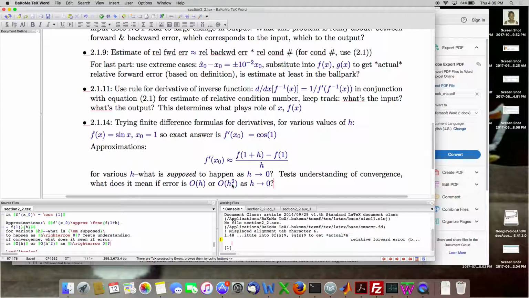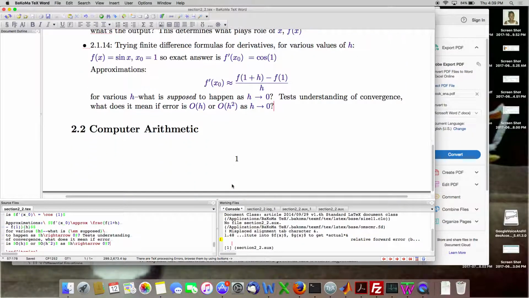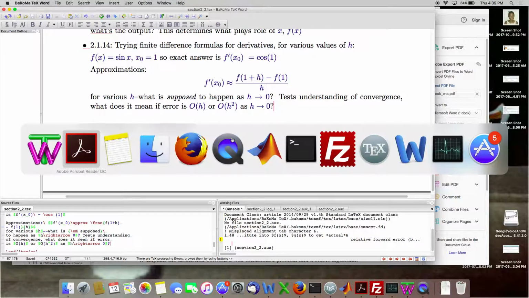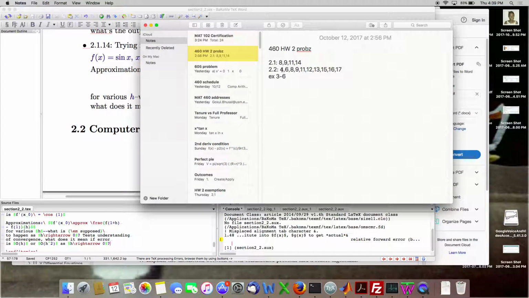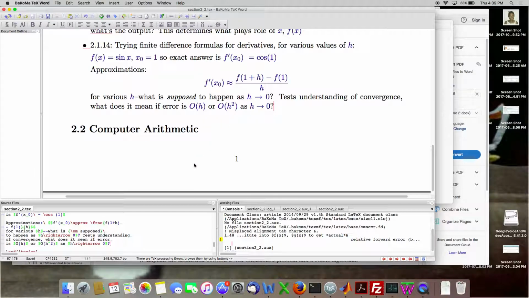Anything on 2.1? Let's look at 2.2. We may not have time for all of these, but I'll do what I can.